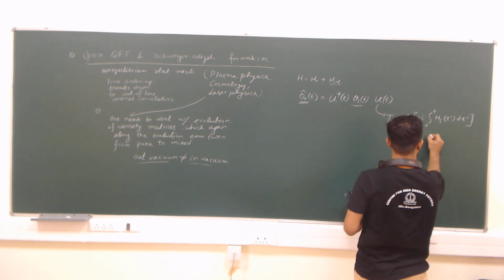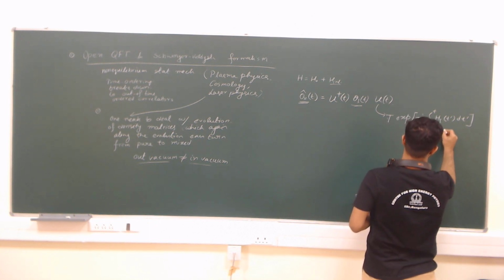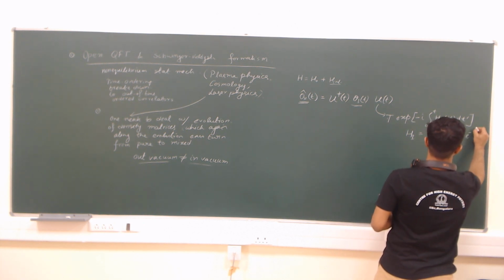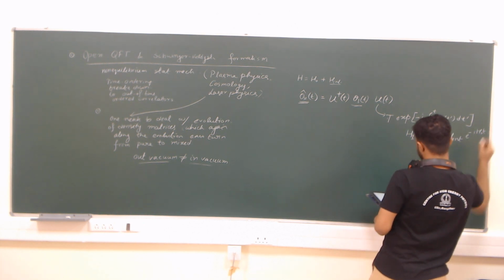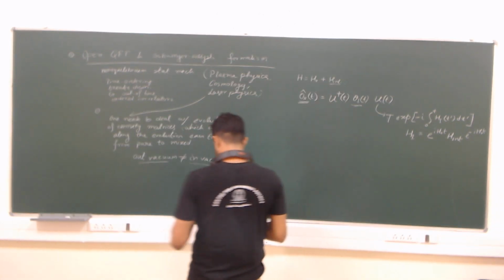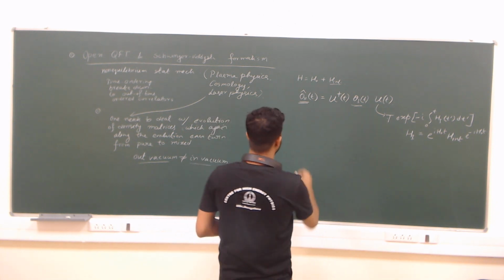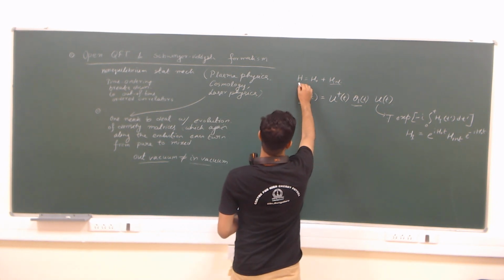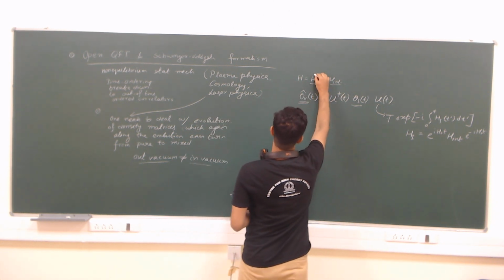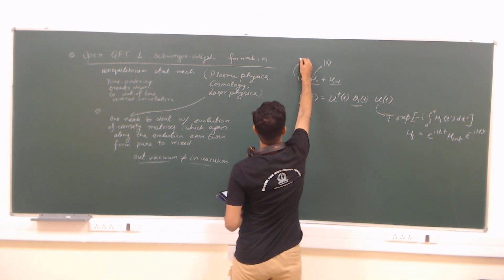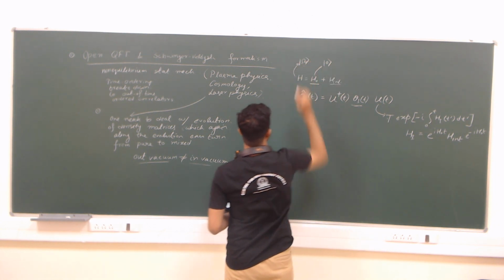Let's say the vacuum for the free theory we denote by 0, and the vacuum of the interacting theory we denote by Omega.